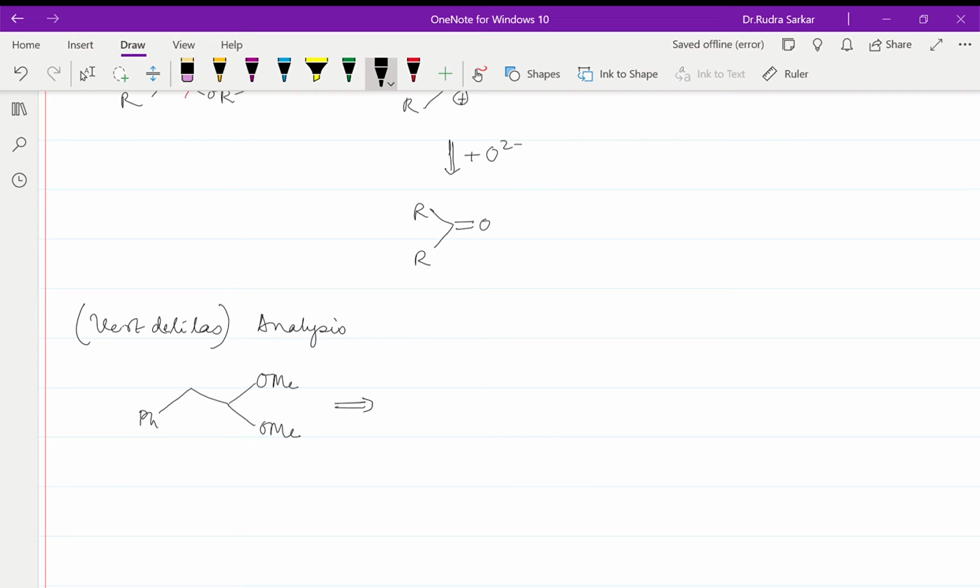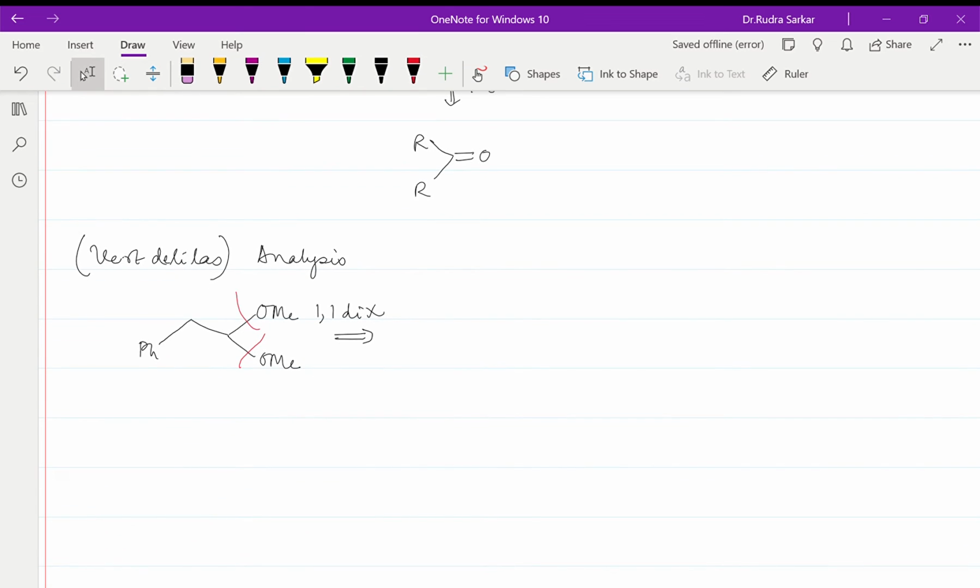If you are disconnecting this using 1,1 DIX, where do we disconnect? We are disconnecting over here, that is between a carbon and a heteroatom. Okay, these are called CX disconnections basically.